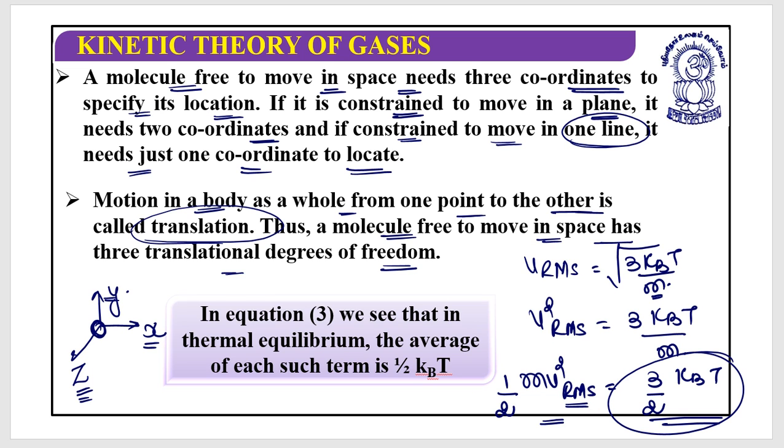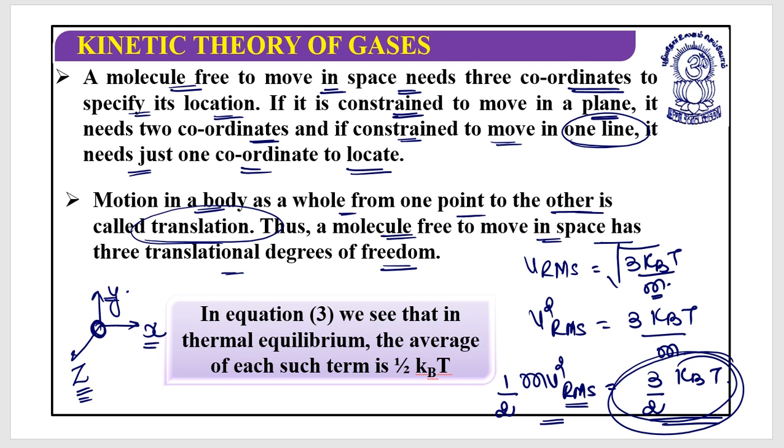Because when we go through the assumptions of the KTG, we study that the particle has random motion in nature. That's why you don't know whether in the next instant the particle will move in the x direction or y direction or z direction.